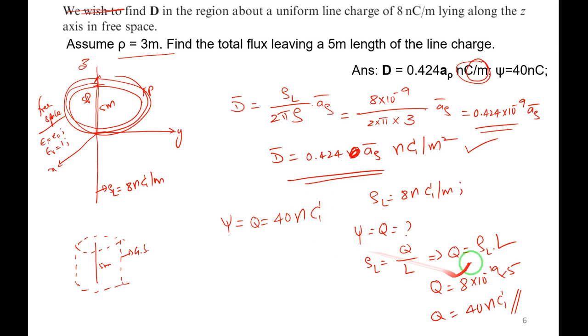The total amount of flux leaving a 5 meter length of the line charge is 40 nano coulomb. The unit of charge Q and the unit of flux lines are coulombs only. Both are one and the same.